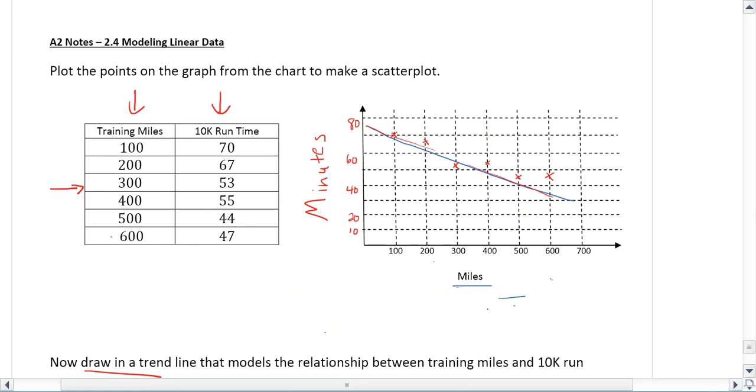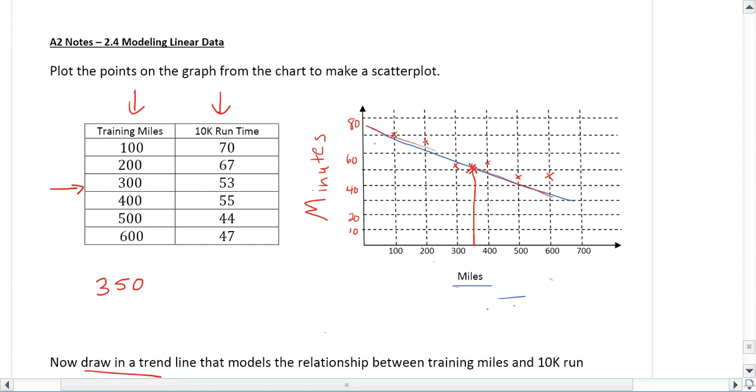For instance, if the coach said, what if I have one of my athletes train by running 350 miles? You could very comfortably use your graph here and give this run time to the coach as what you would expect. Within the data points, interpolation is pretty accurate.